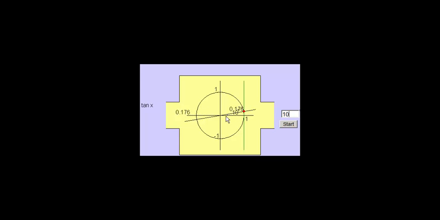But if I go to 90 degrees, the terminal side of my angle will be parallel to this tangent line. So there will never be a place where at 90 degrees we intersect this tangent line, which means that we can't have a tangent value at 90 degrees. Since there's no intersection, it's undefined.